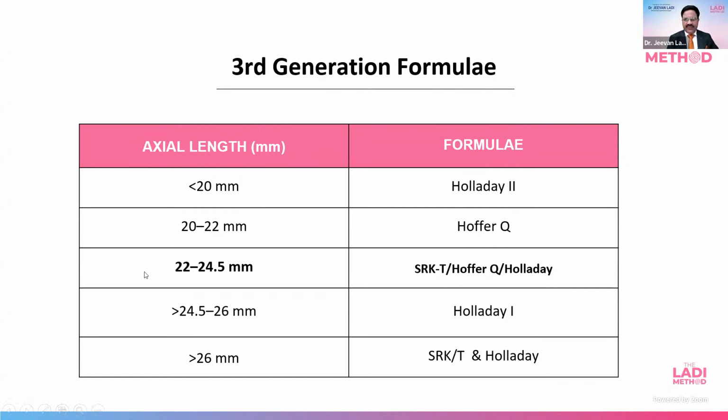SRK/T, Hoffer Q and Holladay are good for the most common type of axial length, that is 22 to 24.5. For myopic patients where axial length is more than 24.5, you can use either Holladay 1, Holladay or SRK/T formula.